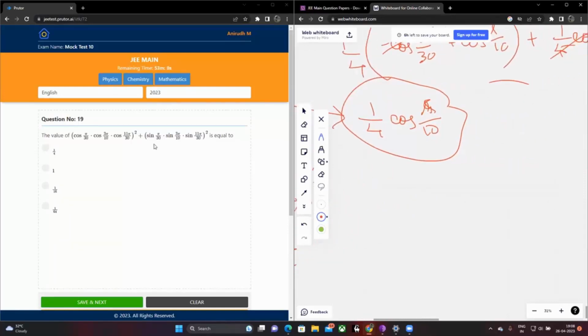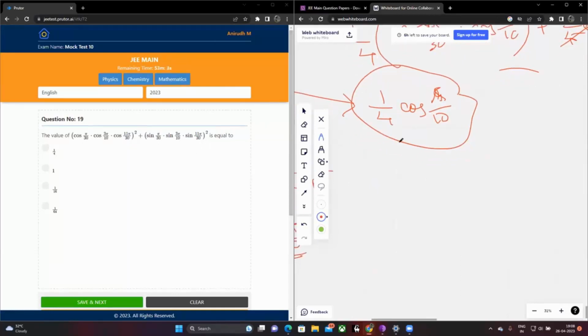Similarly, for b squared, you do sin a sin b. Sin a sin b is basically cos of a minus b minus cos of a plus b, right?